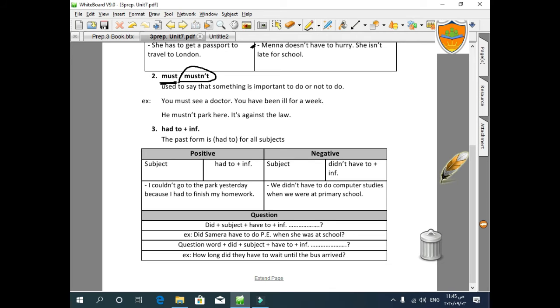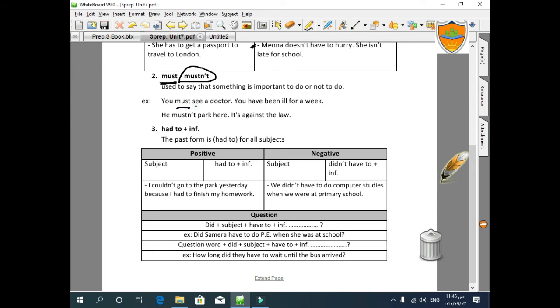Using must is important, but not obligated. Using mustn't is obligatory. If I say you mustn't do this thing and you did it, oh, you will be punished or deprived of anything you like.